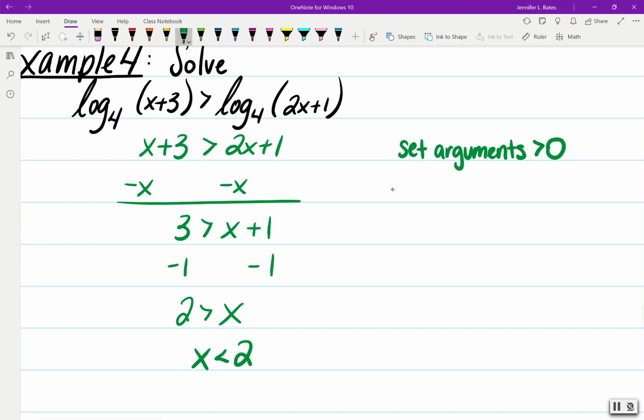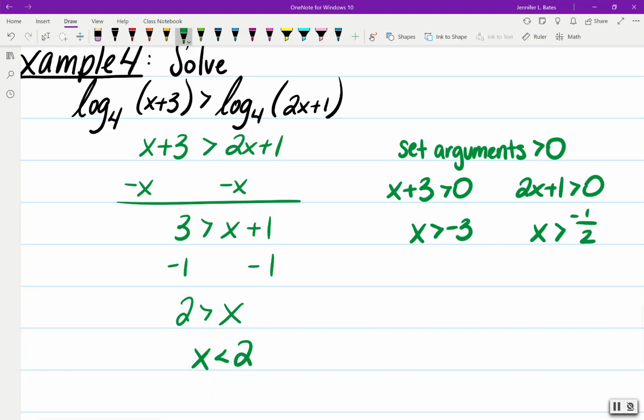The first argument, x plus 3, needs to be greater than 0, and 2x plus 1, the second argument, needs to be greater than 0. We're going to solve each of these. When I solve each of these, I get x is greater than negative 3, and x is greater than negative 1/2. One of these is going to be what I put at the end of my answer.